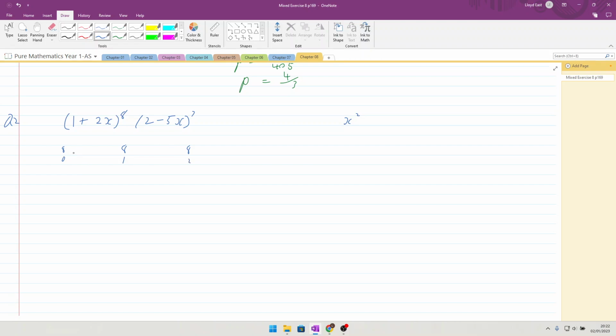Okay, and inside there I'm going to have 1 to the power of 8, 1 to the power of 7, 1 to the power of 6, and here I am going to have 2x to the power of 0, and I'm going to have 2x to the power of 1, and I'm going to have 2x to the power of 2.